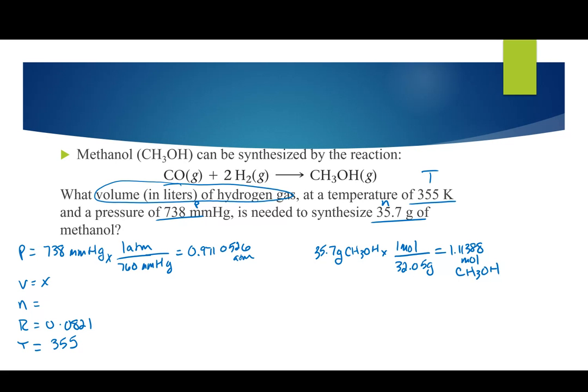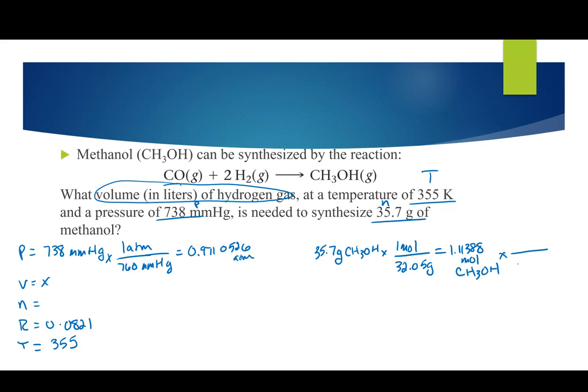If you look at the problem, it's asking for volume of hydrogen. So if I plug moles of methanol into the ideal gas law and solve for V, that's not helpful because what I'm solving for there is volume of methanol. And because I can't use 22.4, I really don't have a way to get from volume of methanol to volume of hydrogen. So if I'm looking for volume of hydrogen, my n has to be moles of hydrogen.